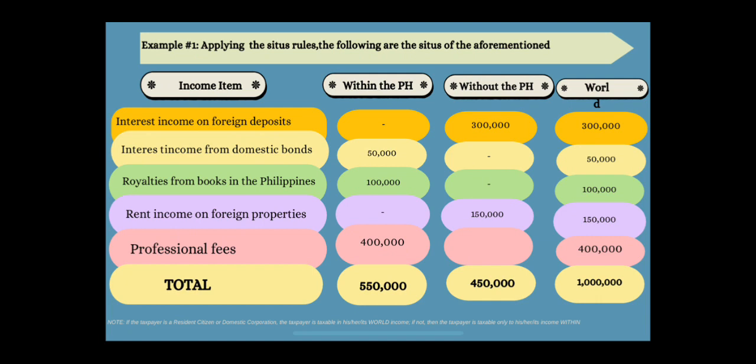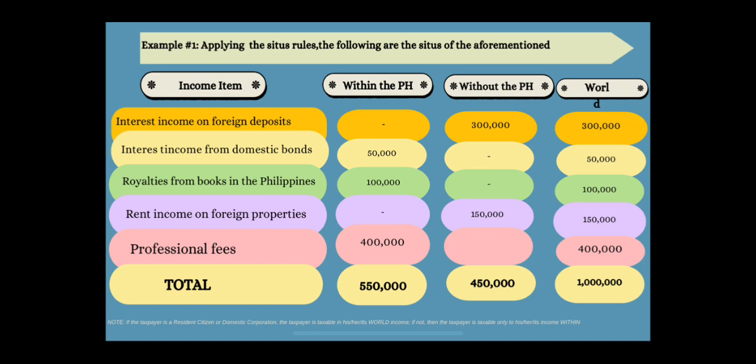For interest income from foreign deposits, resident citizens and domestic corporations are taxed on worldwide income, including foreign deposit interest. Non-resident citizens and foreign corporations are taxed only on Philippine source income, excluding foreign deposit interest.